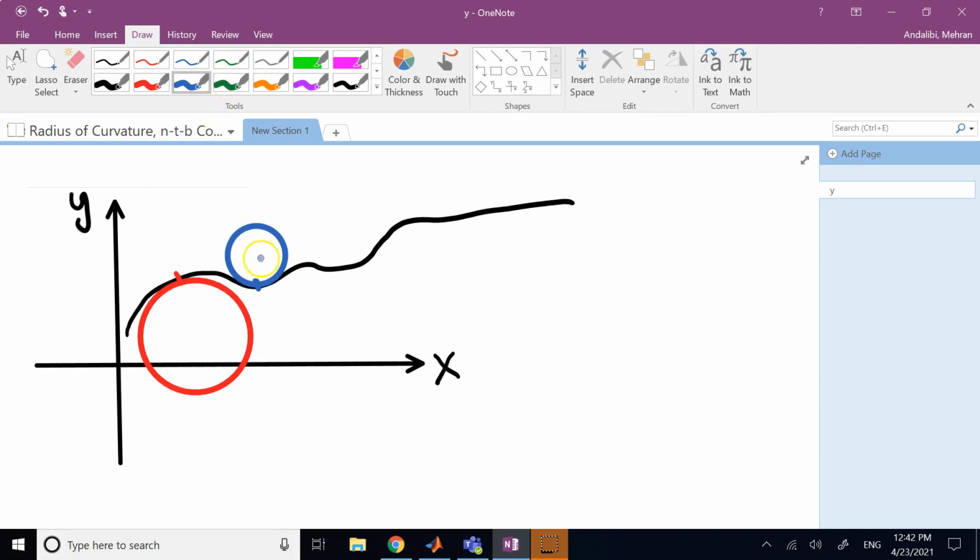And the location of this local tangent circle with respect to the path, and the center and the radius of it, does depend on the location along the path and the function itself.